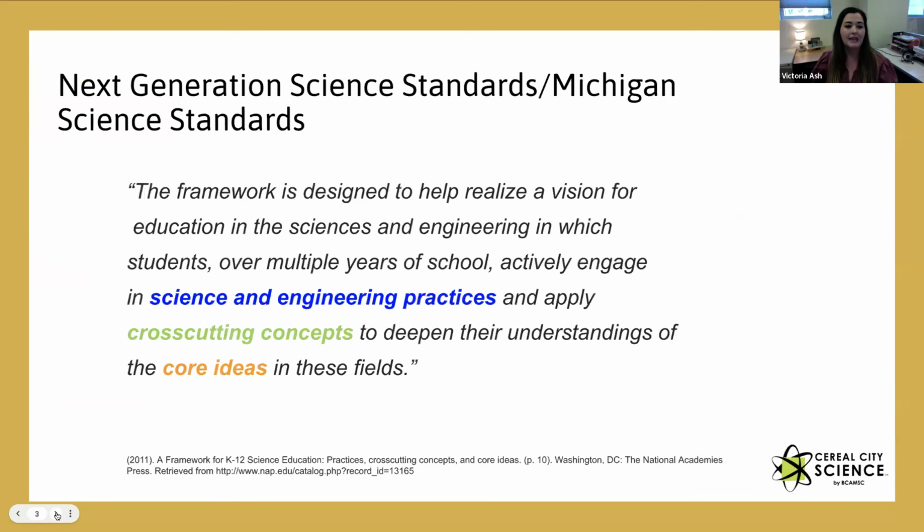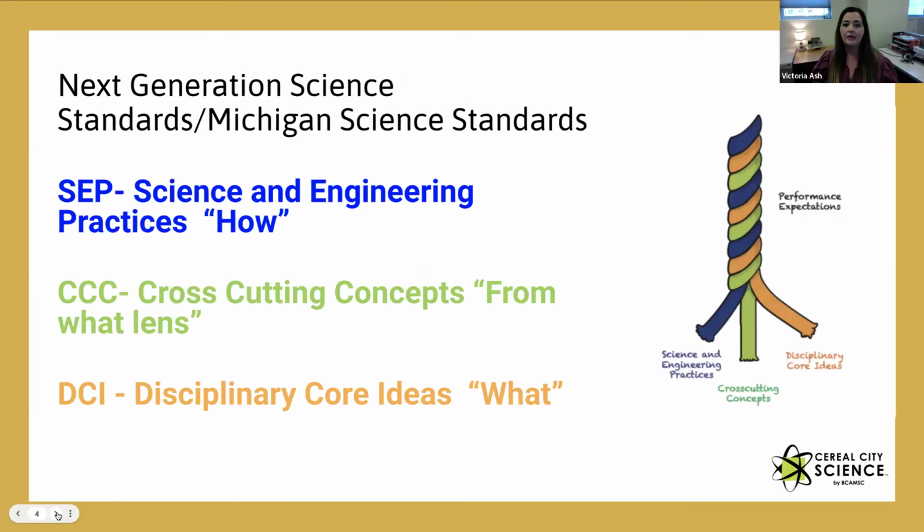So let's dig in. We are a Next Generation Science Standards curriculum, and as such, we work on our three dimensions, really focusing to cover our science and engineering practices, as well as our cross-cutting concepts and those core ideas. So let's see what those performance expectations are that we're going to be covering in this unit.